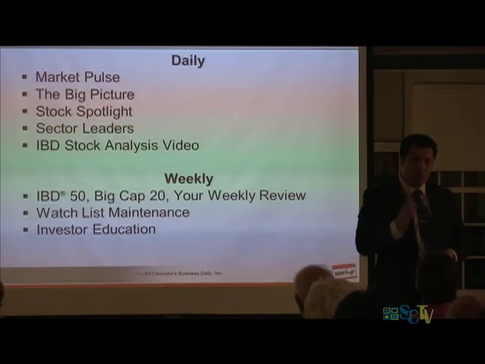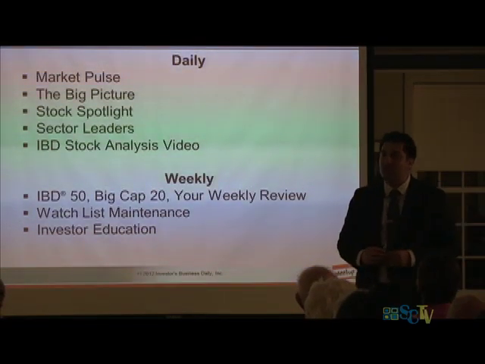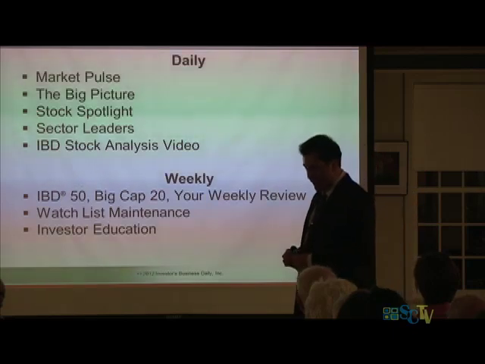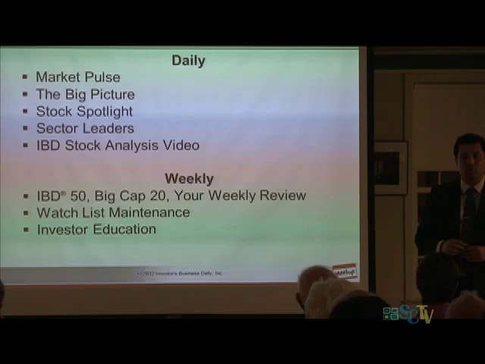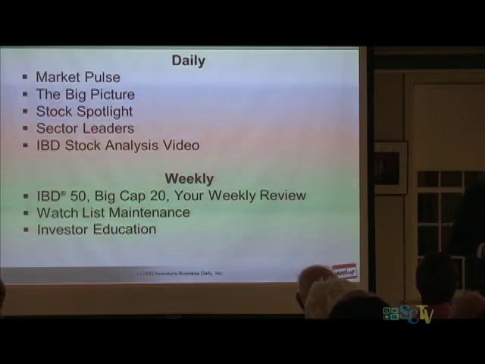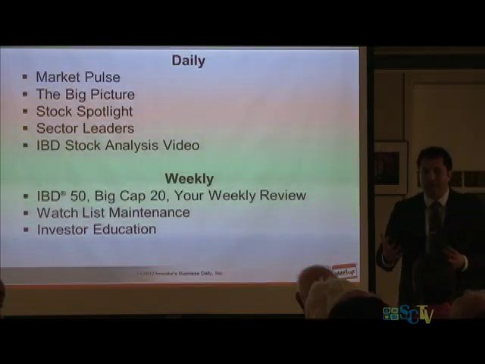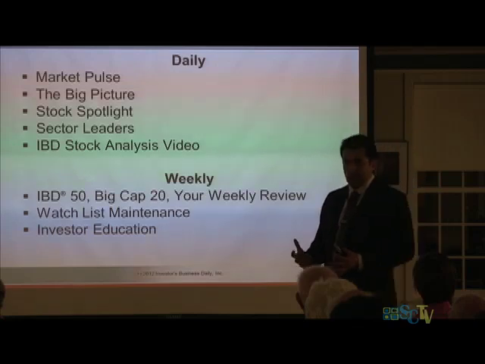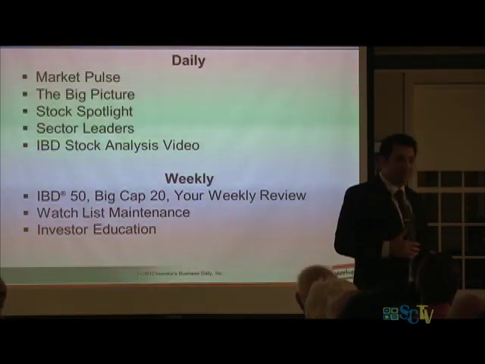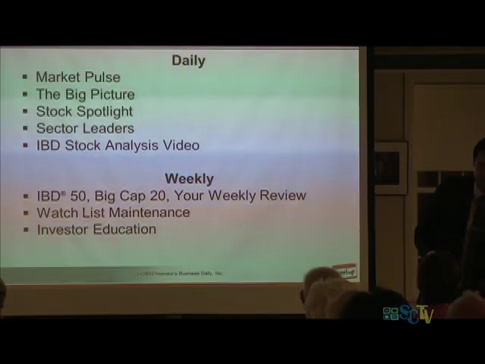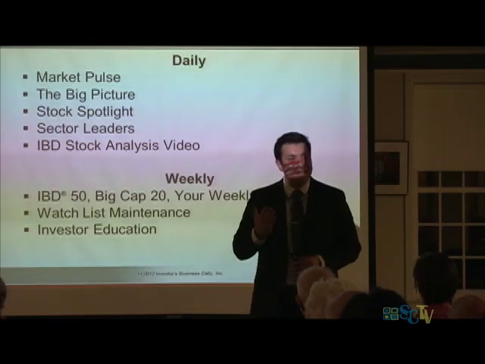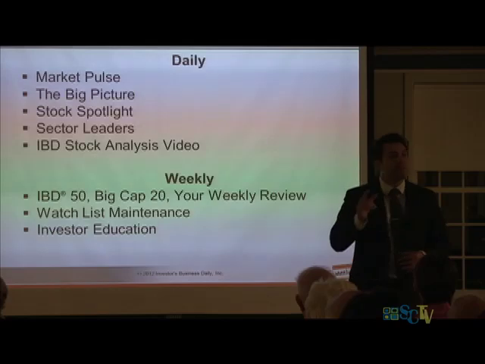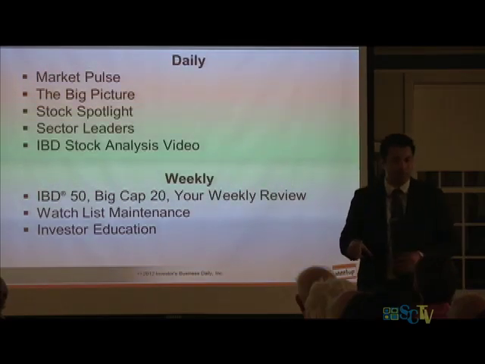Sort the list by price percent change. So tomorrow when the market opens, sort the list by price percent change and see what's moving from your list. If you see something is up 2%, 3%, that could mean it's going to a buy point, or it could mean it's getting that bounce off its 10-week line, and that's your cue to take action.